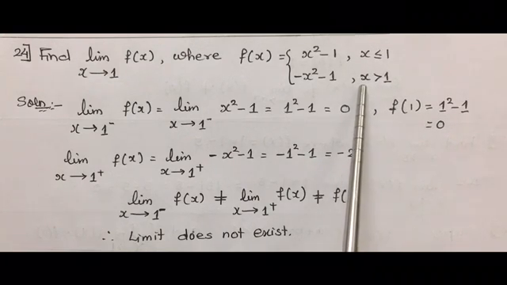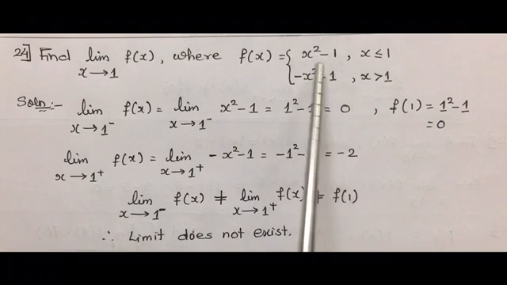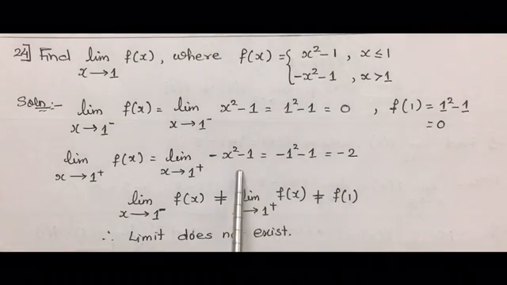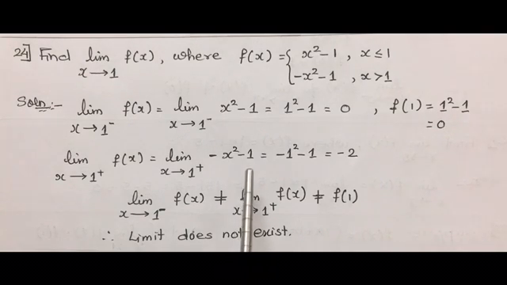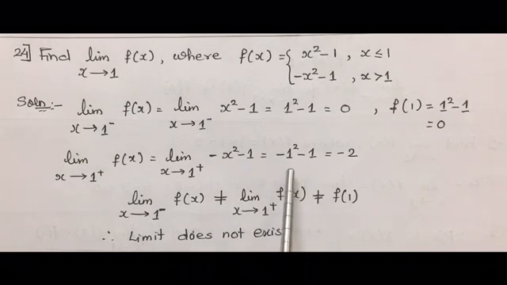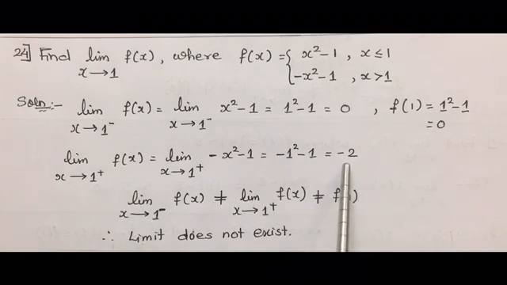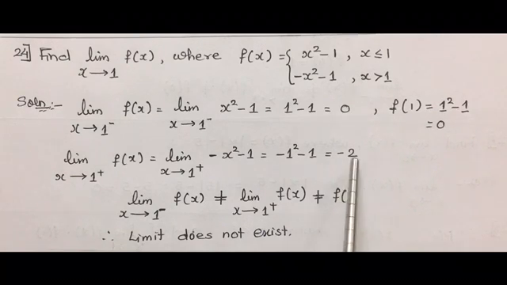So when x is greater than 1, the function becomes minus x square minus 1. So taking up the function minus x square minus 1, keeping the value of x as 1, we get minus 1 square minus 1, and calculating it, we get the value of limit as minus 2.